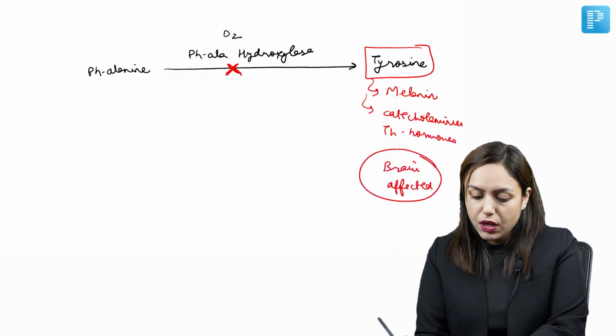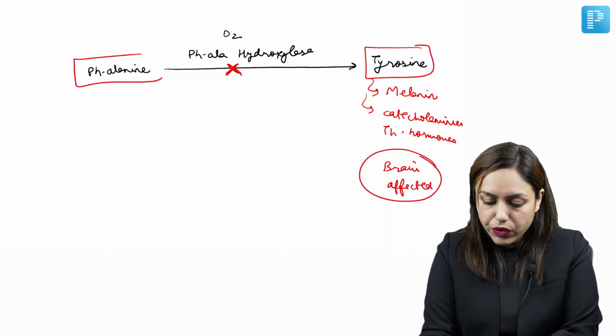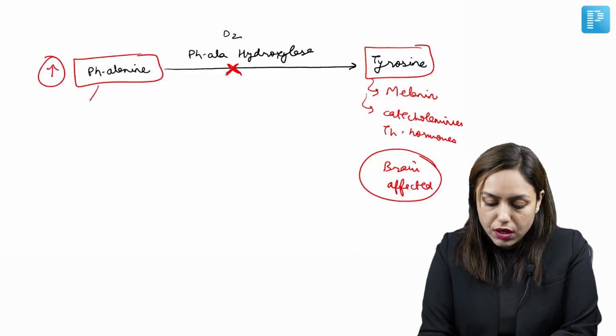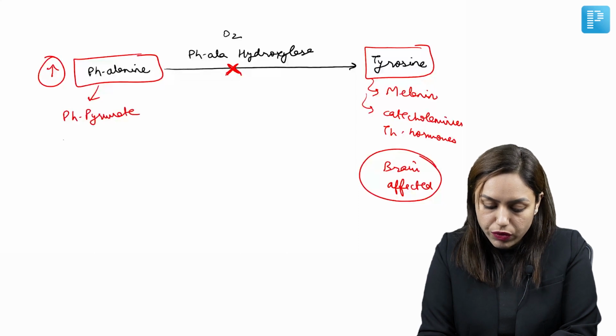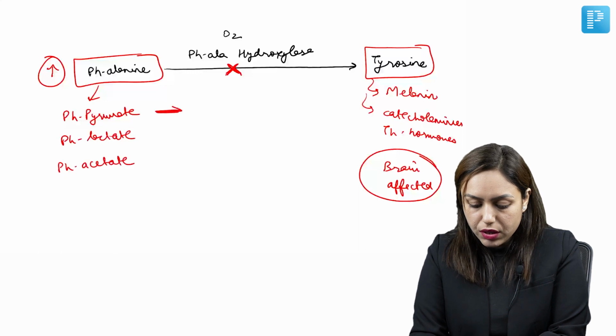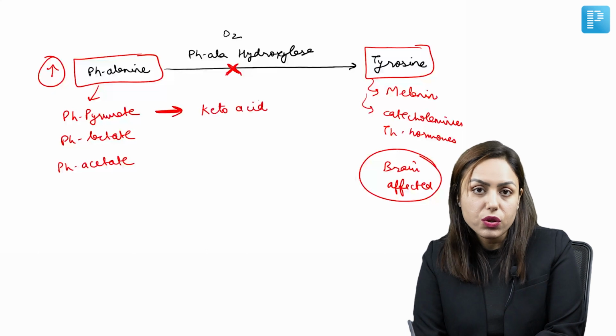Okay. Then, on the other hand, the substrate phenylalanine will accumulate, leading to the formation of excess phenylpyruvate, phenyllactate, and phenylacetate. Okay. Phenylpyruvate is a keto acid which is coming in urine.